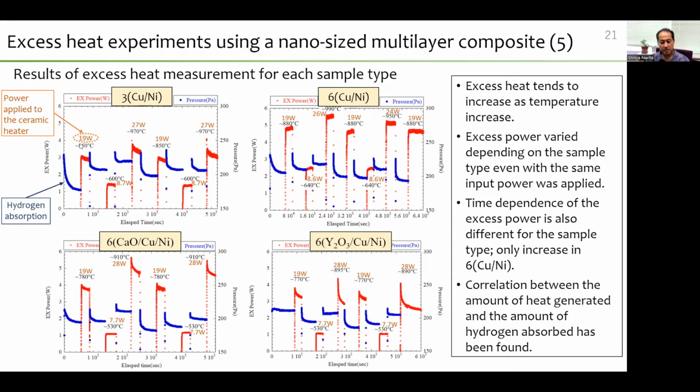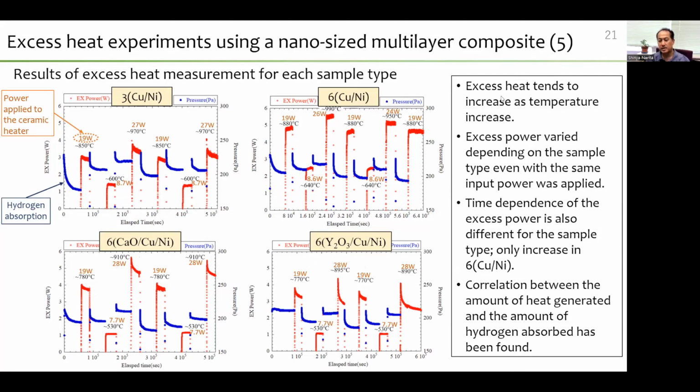After a certain period of time, the heater power is turned off, then the gas is introduced again, and the process is repeated. And this is the power applied to the heater, and this is the temperature reached at that time. The red plots show the excess power obtained from the temperature measurement. The other plots show the results for each sample type.